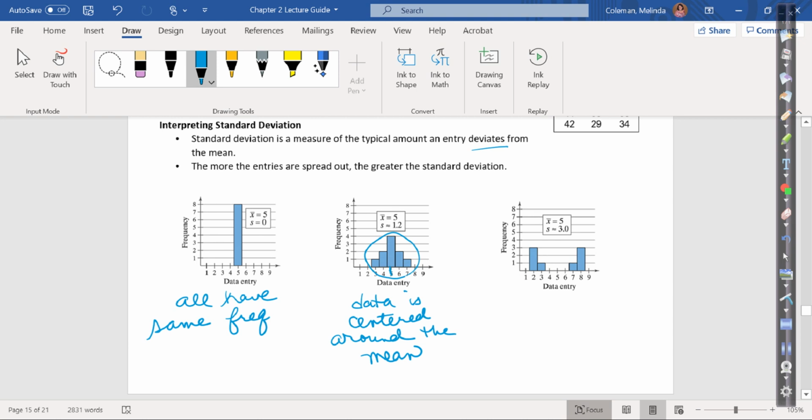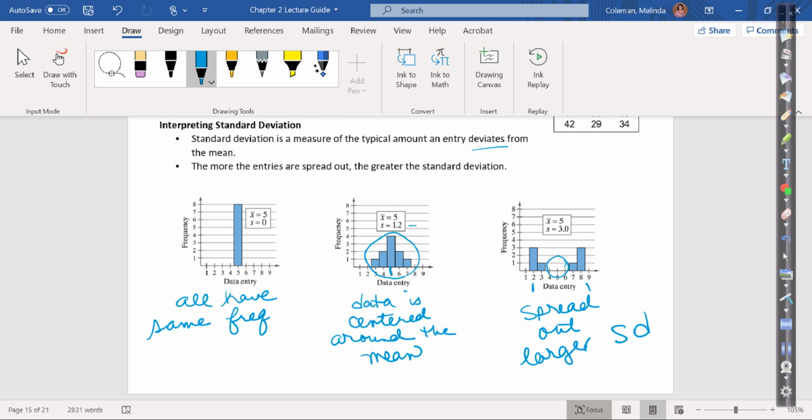This has my data more spread out. So if you look at the data, there's nothing here in the center, so this data is more spread out. And it's spread out because we have a larger standard deviation. I'm going to put SD for standard deviation.